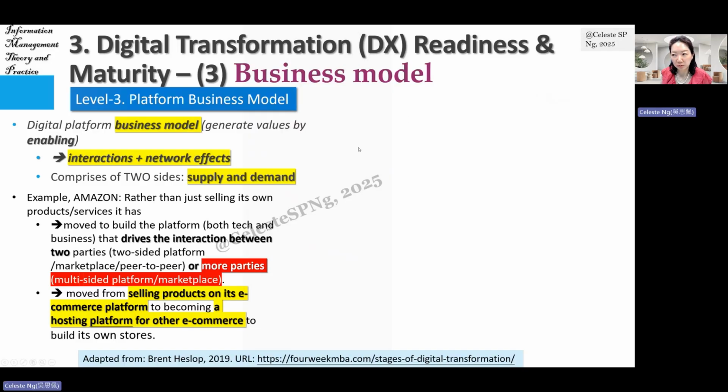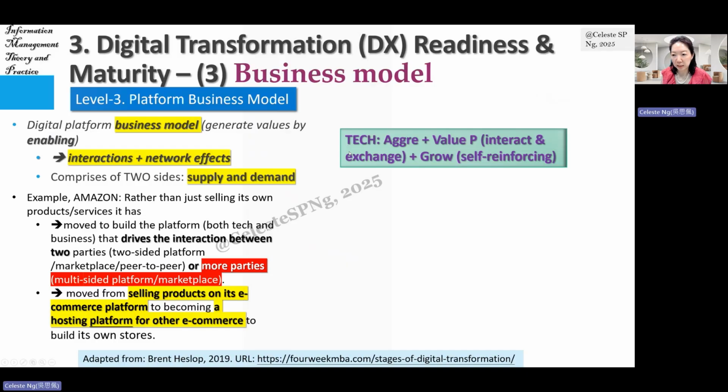In short, this digital platform, based on digital technology, serves to aggregate demand and supply, and it creates value propositions by allowing business transaction interactions to happen, and allowing the exchange of product, service and monetary value to flow in this platform through digital technology.